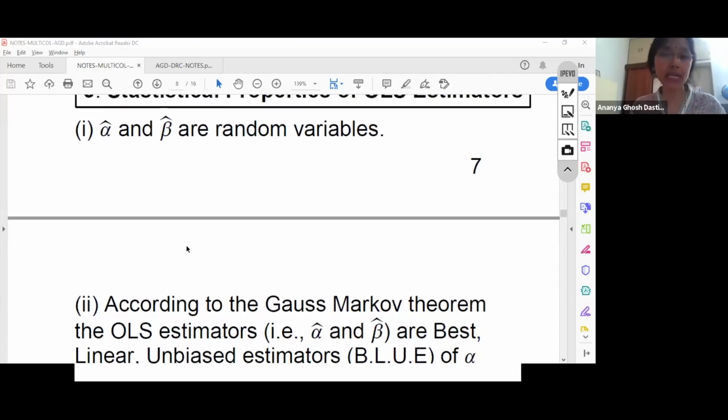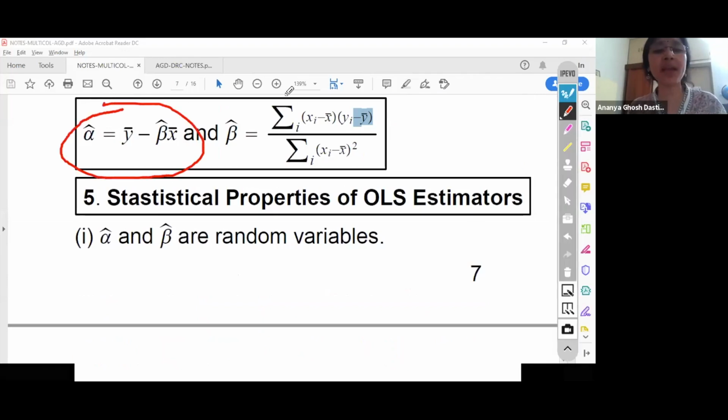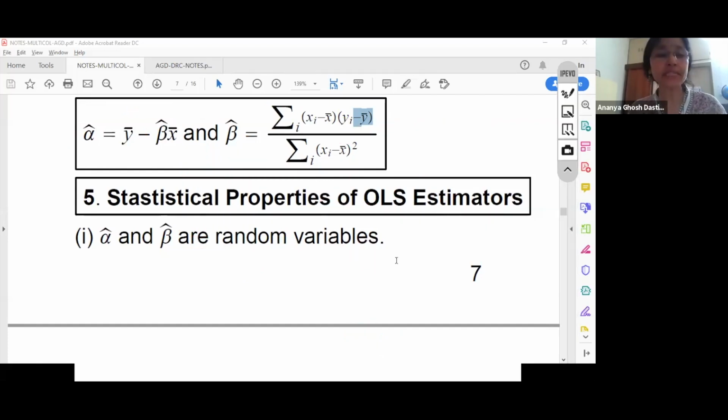Very quickly to remind you, alpha hat and beta hat are precisely these estimators that you are seeing on your screen. So please keep them in your head. This is alpha hat and this is beta hat. All right. So now let us continue with the statistical properties.